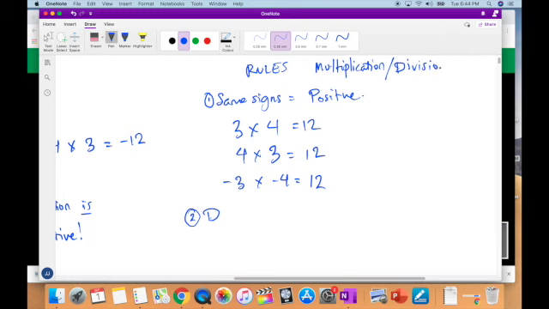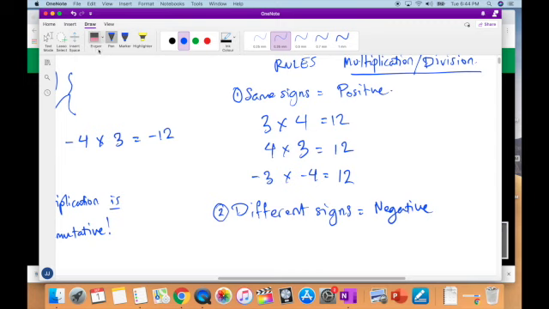People just forget that these rules here are true for division as well. Yeah? So in multiplication and division, when you have different signs, then you will have a negative answer.